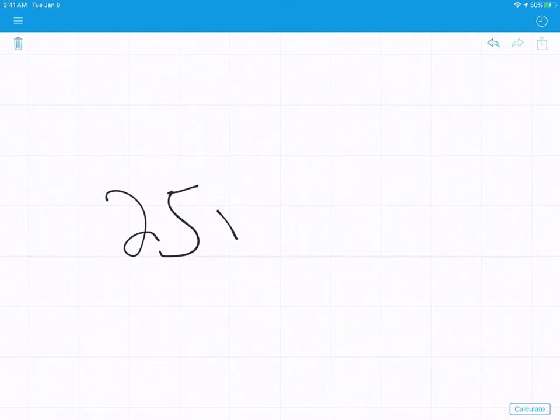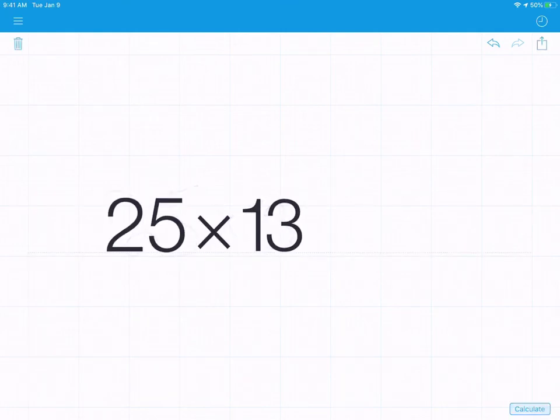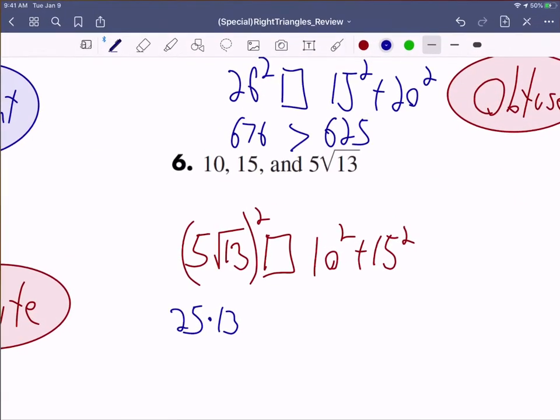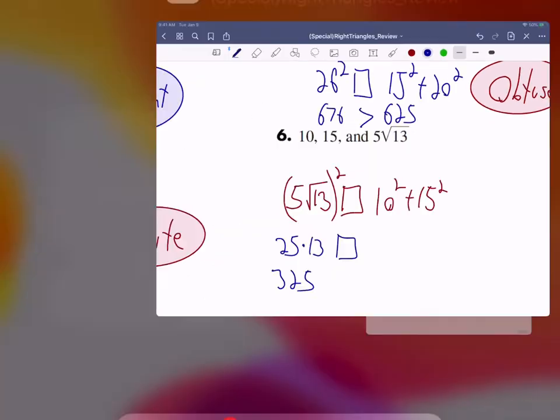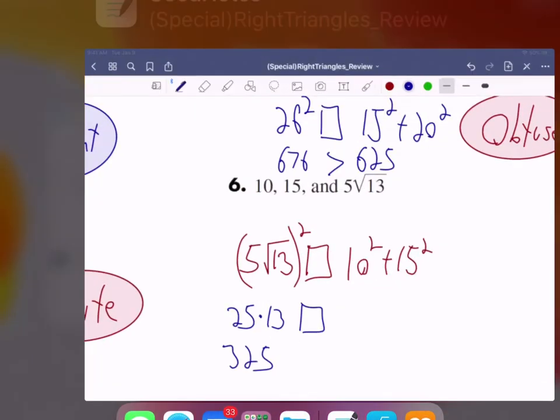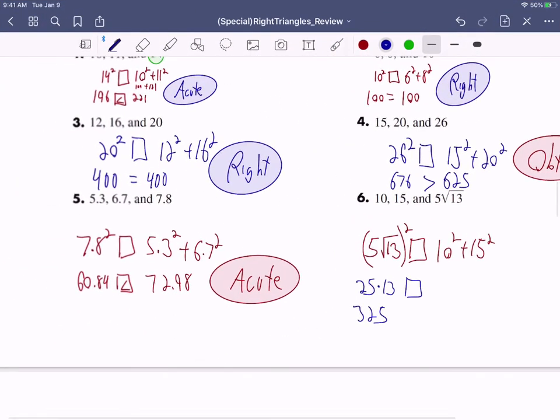25 times 13, and it's 325, right? Blank, and that's 100 plus 15 squared, which I think is 225, but now I'm thinking back, did I miss one of these other ones up?